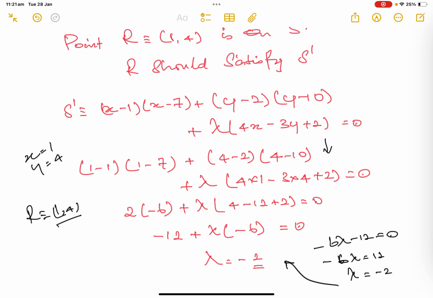So that is equal to 0, because R is on that circle. Therefore, it should satisfy this.